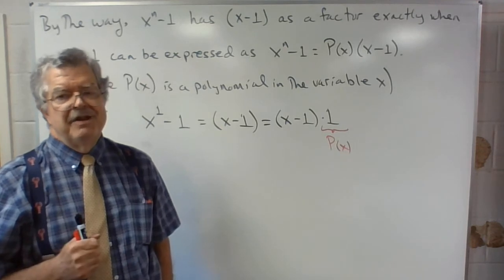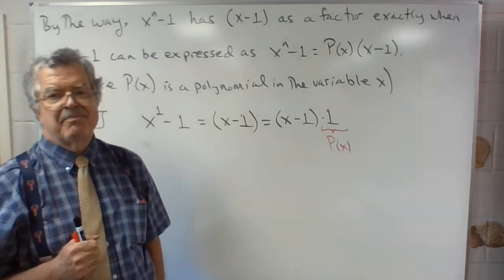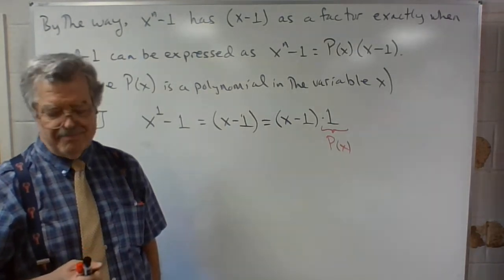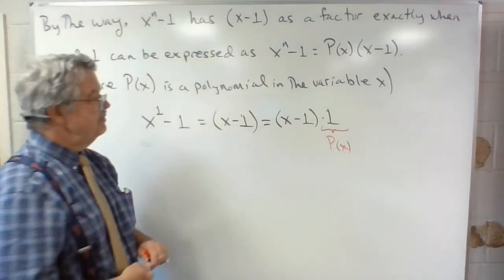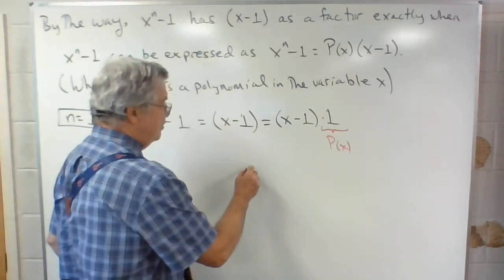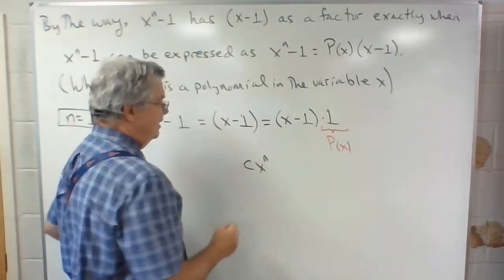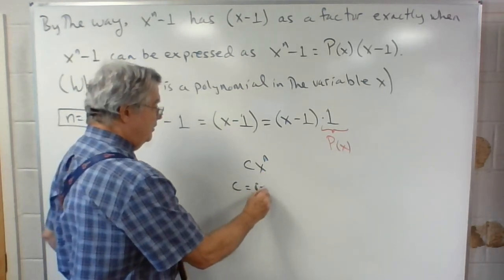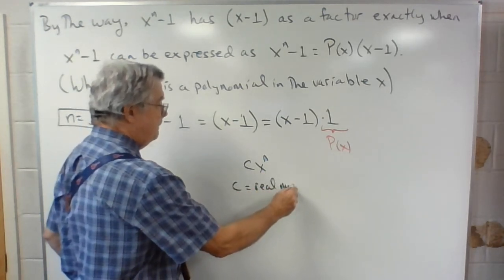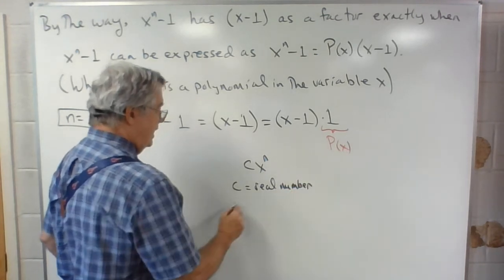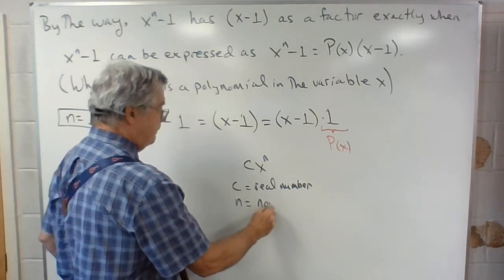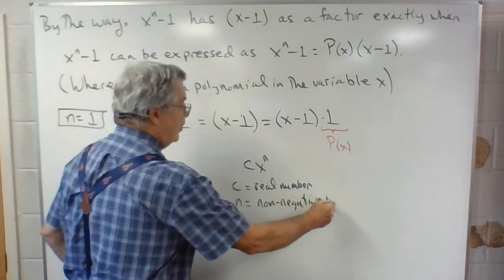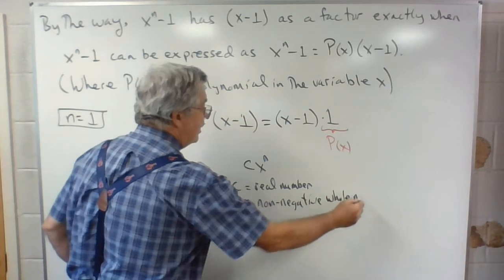Think back on the definition of a polynomial. A polynomial is just the sum of monomials. And what's a monomial? A monomial is the expression c times x to the n, where c is any real number and n is a non-negative whole number.